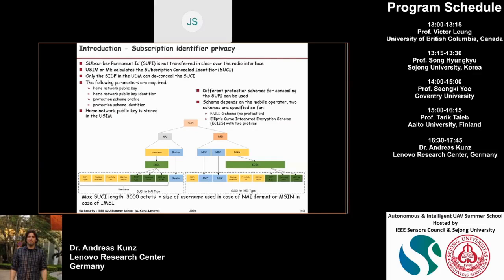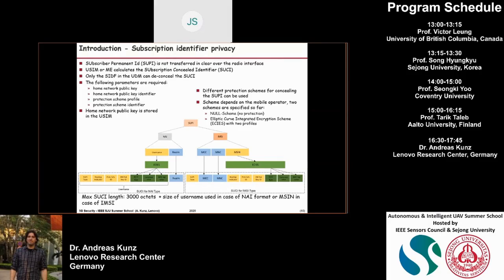There are two different protection schemes at the moment, and we have the null scheme, which means there's no protection. So the SUPI would be equal to the SUCI, which is not preferred. And then we have the elliptic curve scheme.